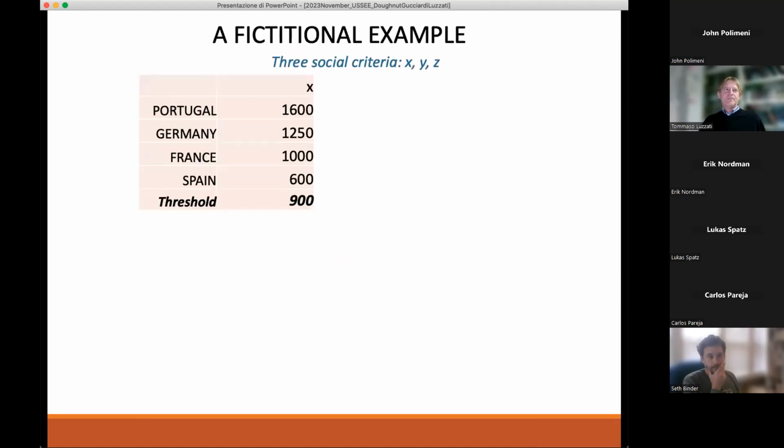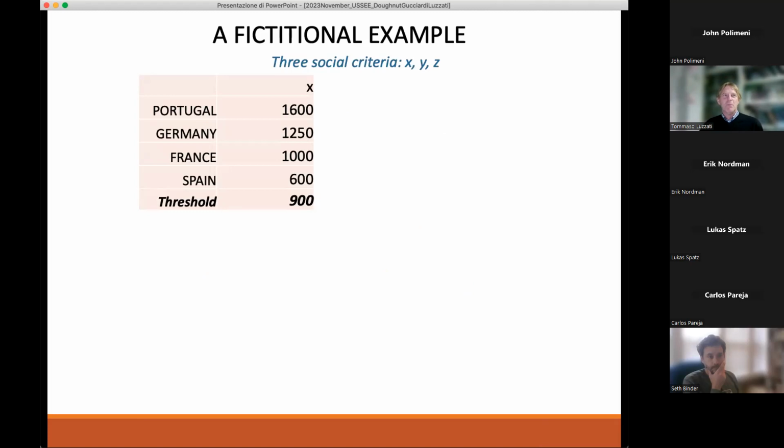And so to explain the reasons for this paper, let's consider this fictional example. Consider 3 countries, and we have 3 variables, X, Y, and Z, with 3 performances.